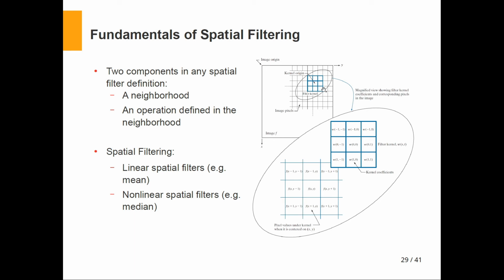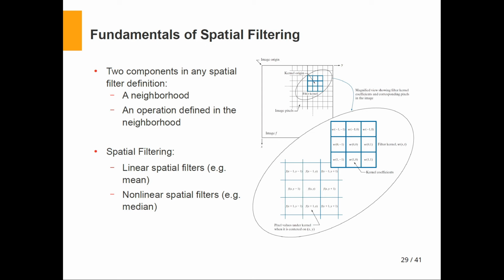As for the origin of the neighborhood or the kernel, we use the origin to be at the center pixel. It is very common to use a kernel of odd size in both dimensions, because if we are using a kernel of even size in each dimension, we cannot define a center pixel properly.